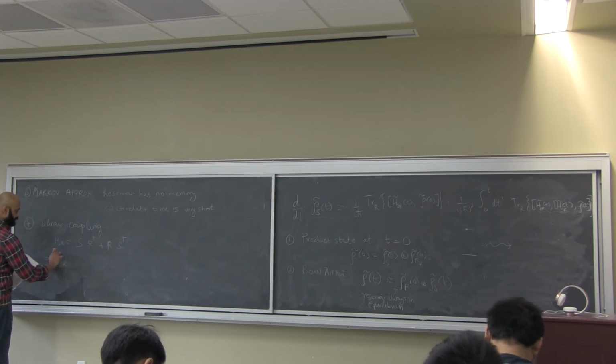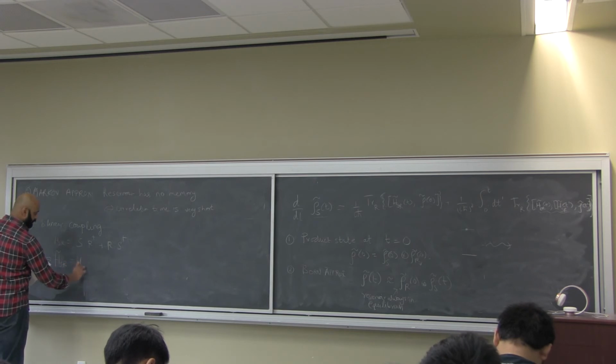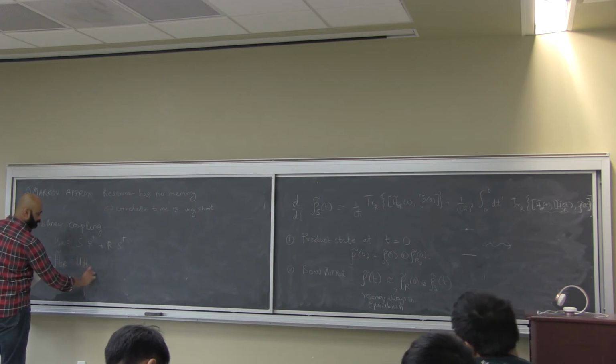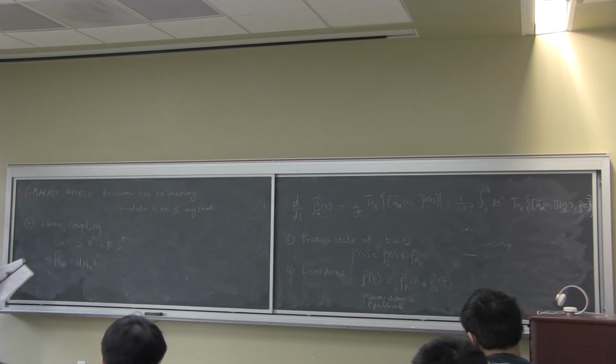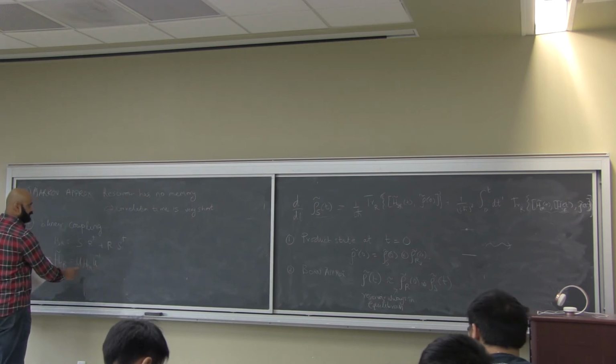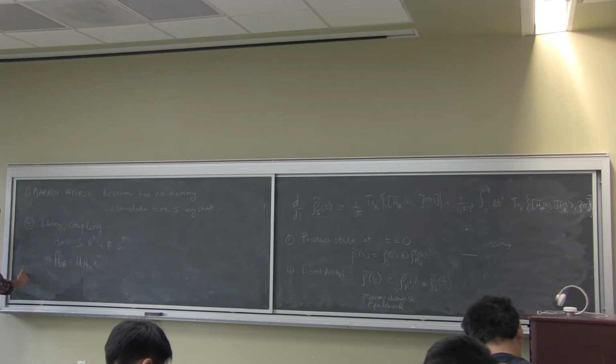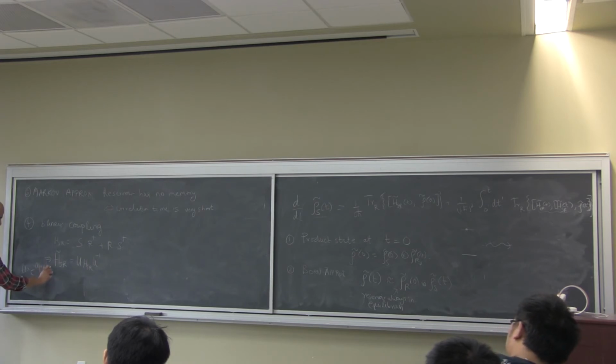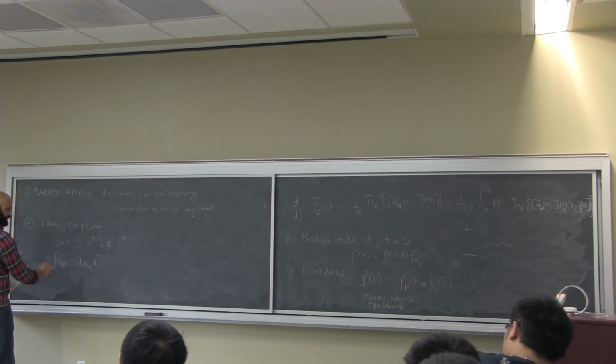Now, when I go to the interaction picture, remember, which is given by U, HSR, U inverse, you can decide how you want to distribute the time dependence. Remember, the U is going to be some e to the i (HS plus HR) times t. You can decide how you're going to distribute these HS and HR.